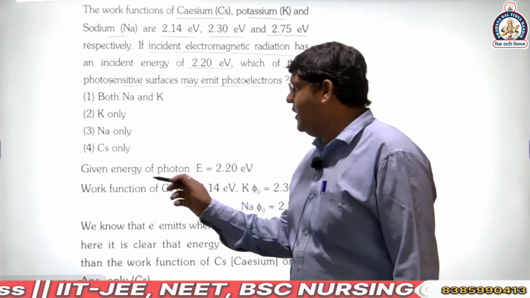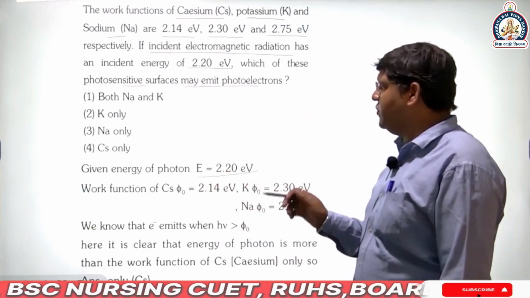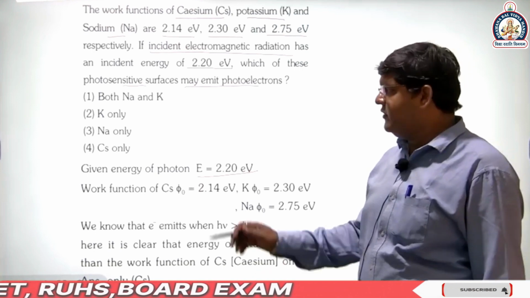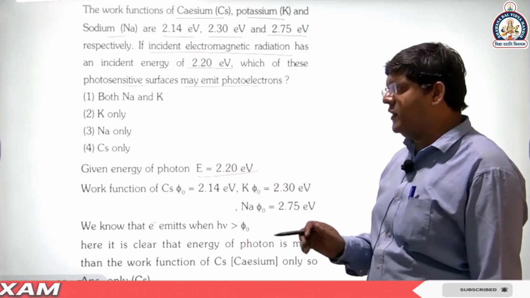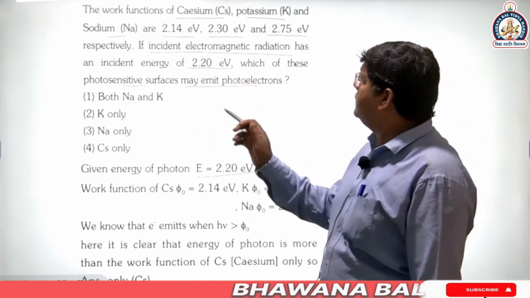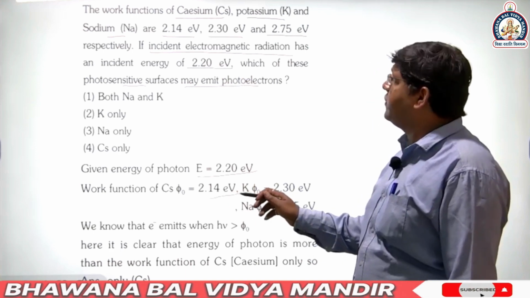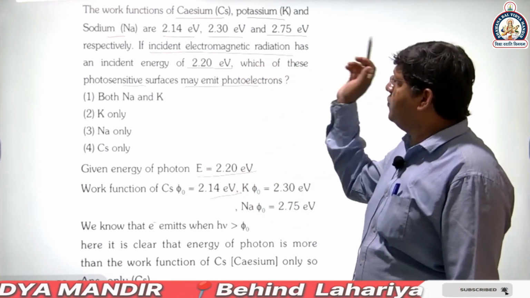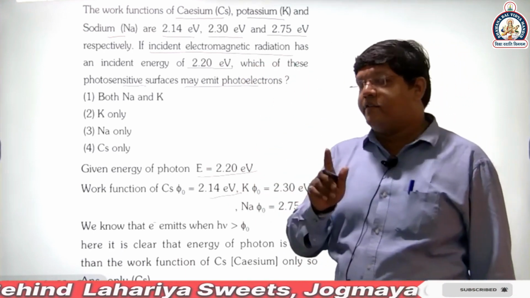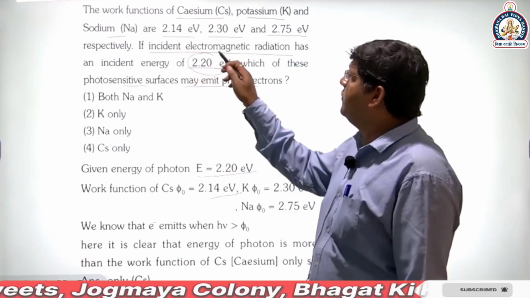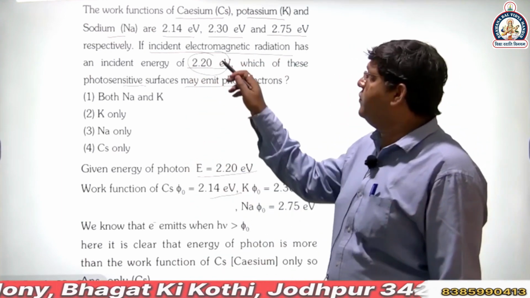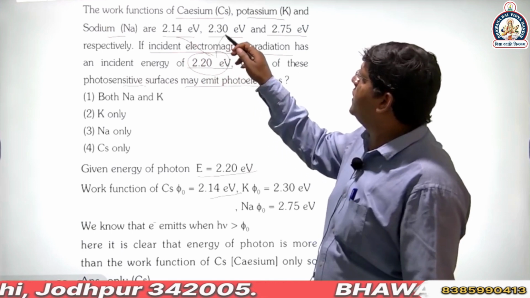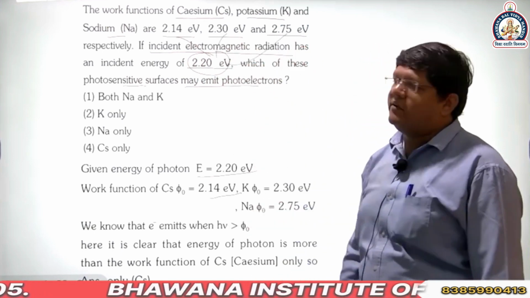So as we know, energy of photon is 2.20 electron volt. Work function of cesium is 2.14 electron volt, then 2.30, 2.75. So we have to compare the energy of the photon with these.